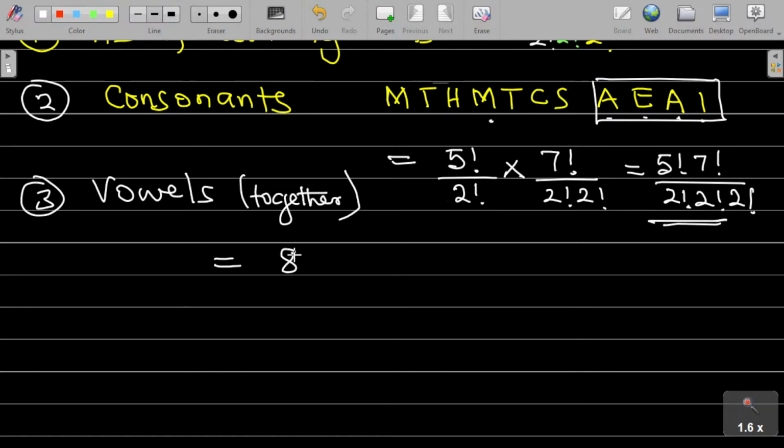So that will give us 8 factorial all over. There's repetition here, 1 2 1 2. That's 2 factorial 2 factorial. Then multiplied by the one we tied together, which is 4 factorial all over 2 factorial. So all of you that responded, you are much correct.